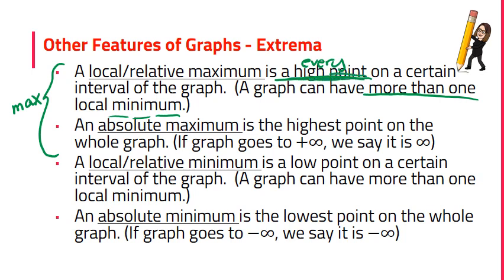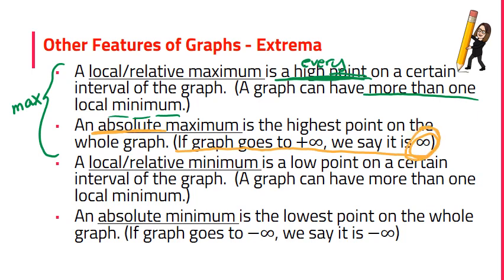An absolute maximum. Okay, very specific. Absolute is the key word. It is the highest point on the whole graph. Now, an absolute maximum can be a point, but if a graph continues above, if it goes to infinity, we say it is infinity.